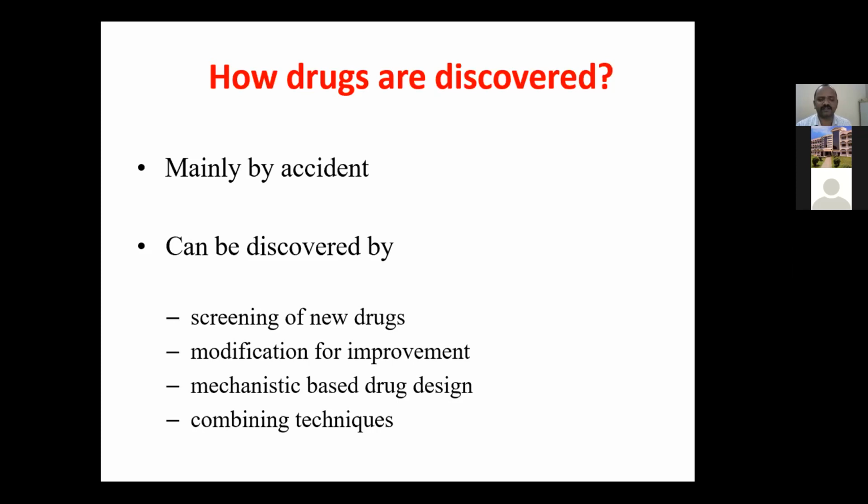Why does this happen? Because our understanding of the physiology and biology, and in that context drug discovery, is not that good. Because of that, drug discovery becomes somewhat like an accident-based discovery.